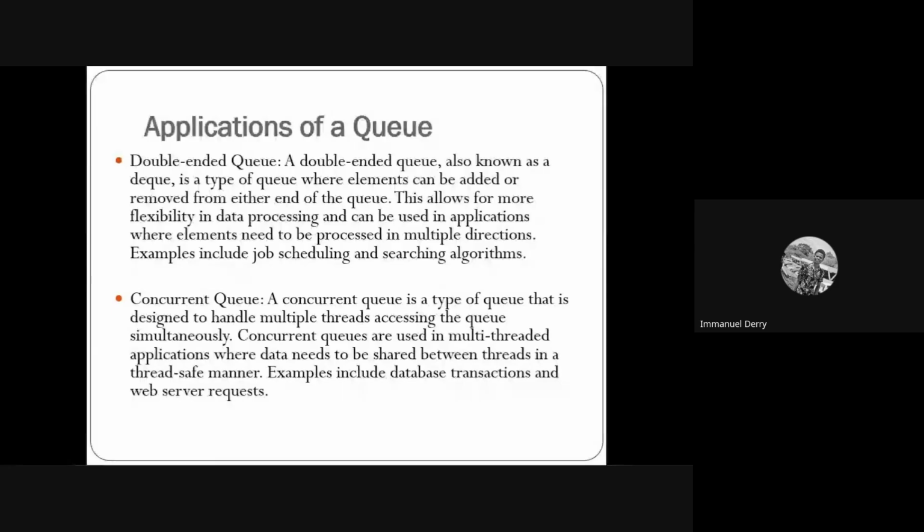So threads would access the queue simultaneously, and in a FIFO manner. And examples include data transactions and web server requests. So when you make any transaction, let me say on your banking application, there are so many simple applications that begin to run.